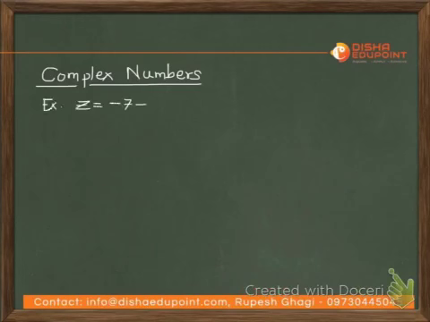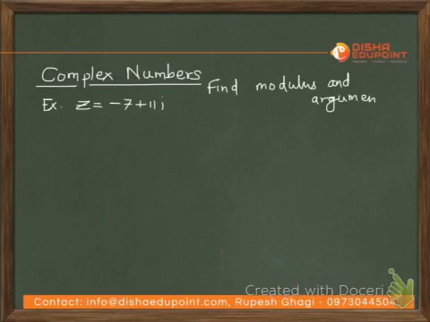Let's take one example. z is equal to minus 7 plus 11i. We want to find the modulus and the argument of the given number. Here, the real part is minus 7 and the imaginary part is 11.